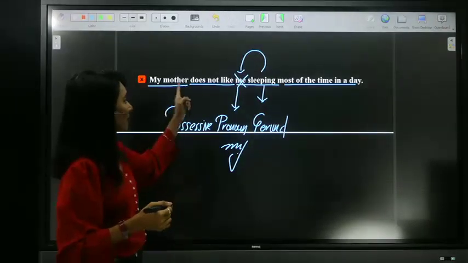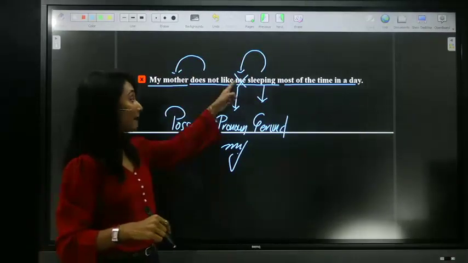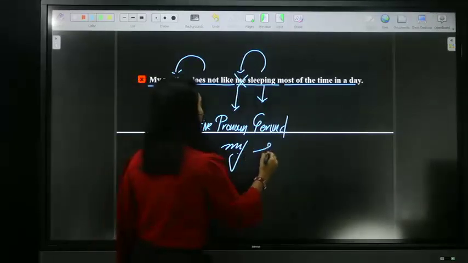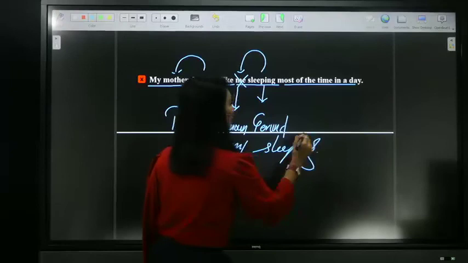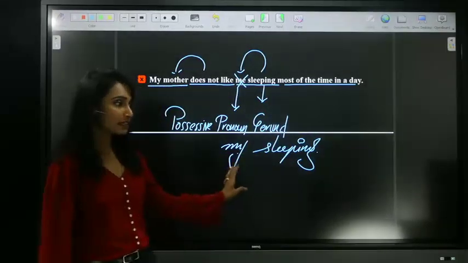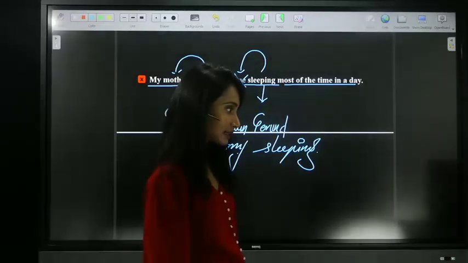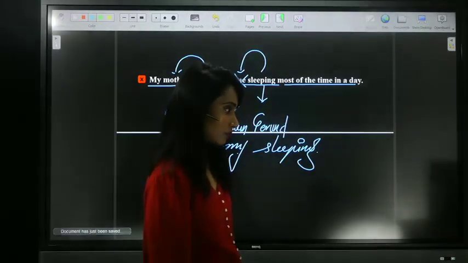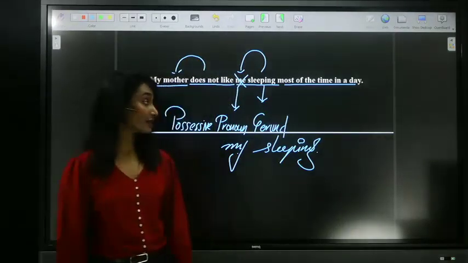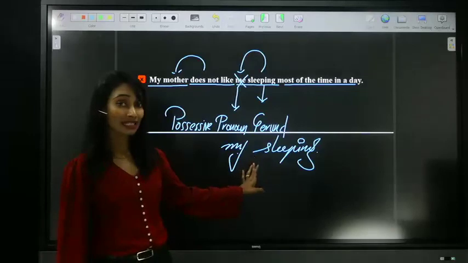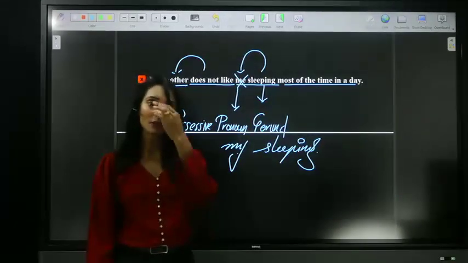Same way, my mother does not. Mother is singular, so singular verb: does not like my sleeping most of the time in a day. I hope it is clear, guys. So me is incorrect. It should be my sleeping, because remember the rule: a gerund preceded by a pronoun or a noun must be in the possessive case.